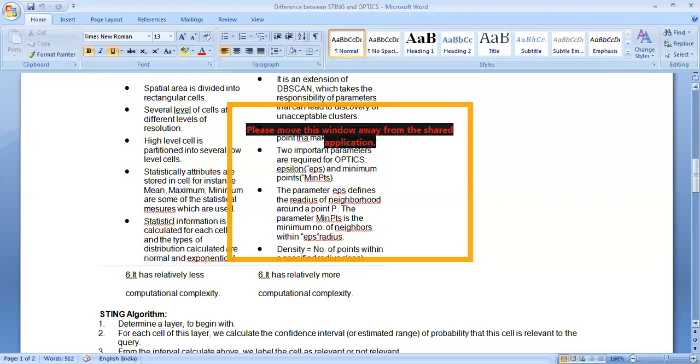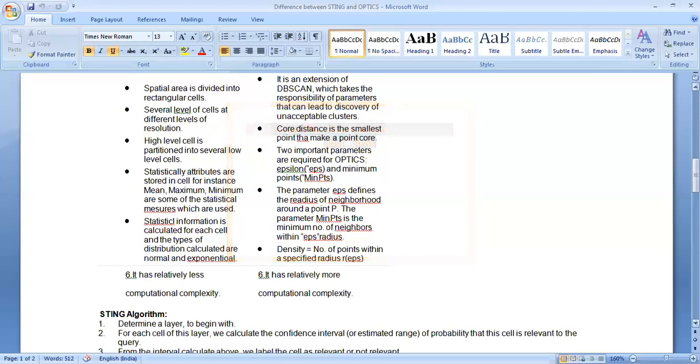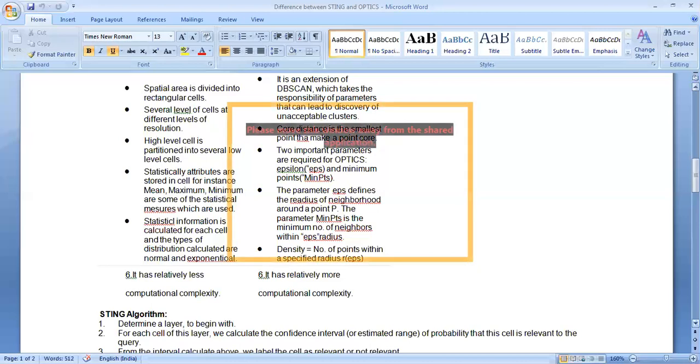It is also a hierarchical technique in which the smallest size grids lie at the bottommost layer, and when moving towards the root, the size of the grid increases, and at the root level it all combines to a single grid.